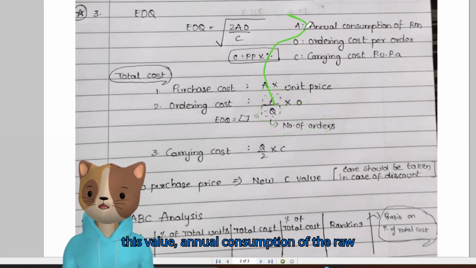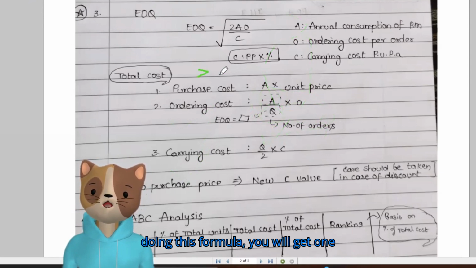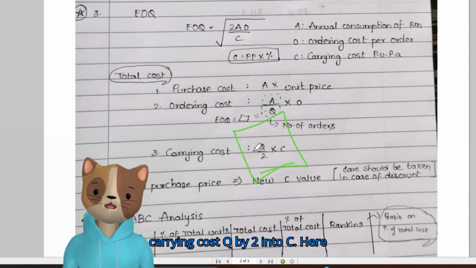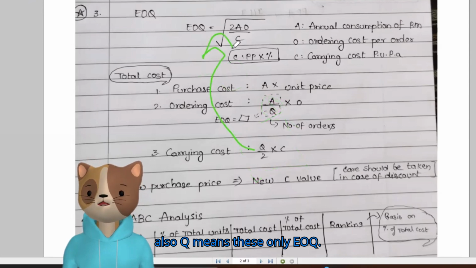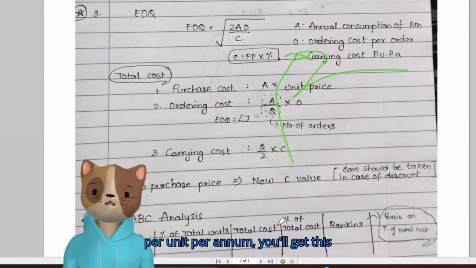A means annual consumption of the raw material, and Q is the quantity you get from the EOQ formula, right? Carrying cost is Q by 2 into C. Here also Q means this EOQ, by 2 into C. C means this carrying cost per unit per annum. You will get this total.